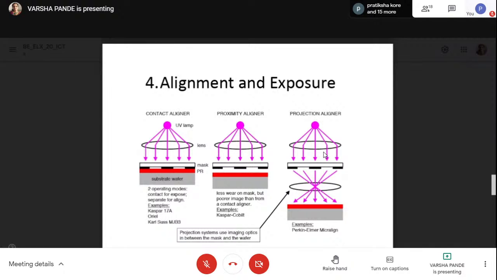To avoid this, another method is used, but its drawback is that the resolution or accuracy is not that good. Therefore the third method is there, but its drawback is that the setup is complex and costly. So like this, methods are there.